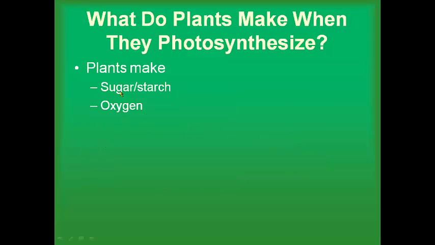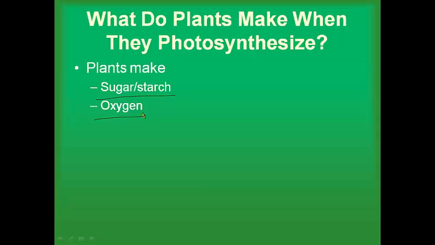Well, in photosynthesis, the plant ends up making sugars or starches, again also known as glucose. Sometimes you even hear them called carbohydrates. And the plant ends up making a byproduct or a waste product, and that waste product is oxygen. So basically, after the plant makes its food, it poops oxygen. And that's the byproduct or the waste product that the plant makes.